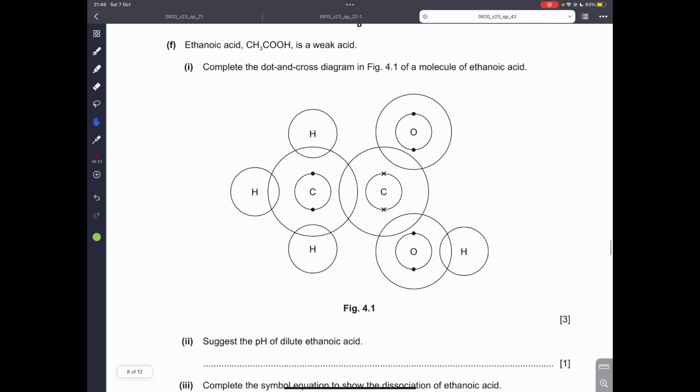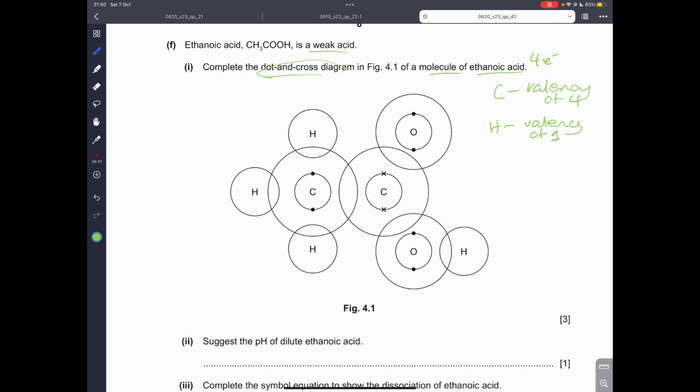F. Ethanoic acid is a weak acid. Complete the dot and cross diagram of a molecule of ethanoic acid. Okay, so we know that carbon has a valency of 4. In other words, it has 4 outer electrons, so it can accept 4 more electrons. We know that hydrogen has a valency of 1. Basically it has 1 outer electron.